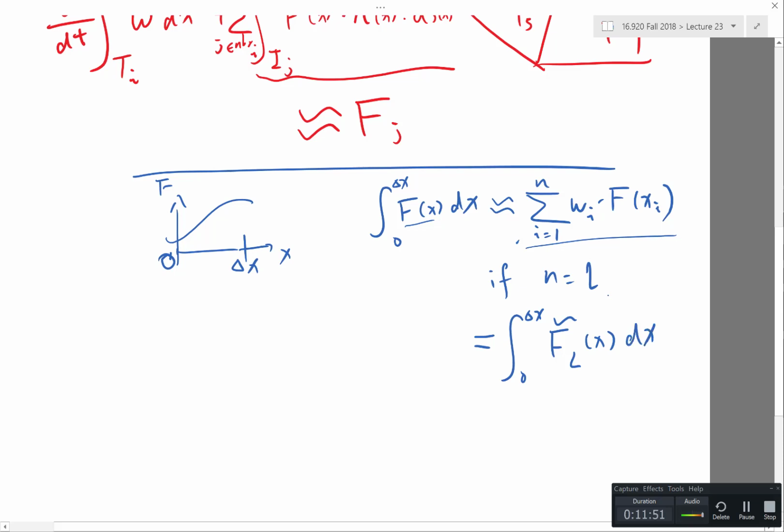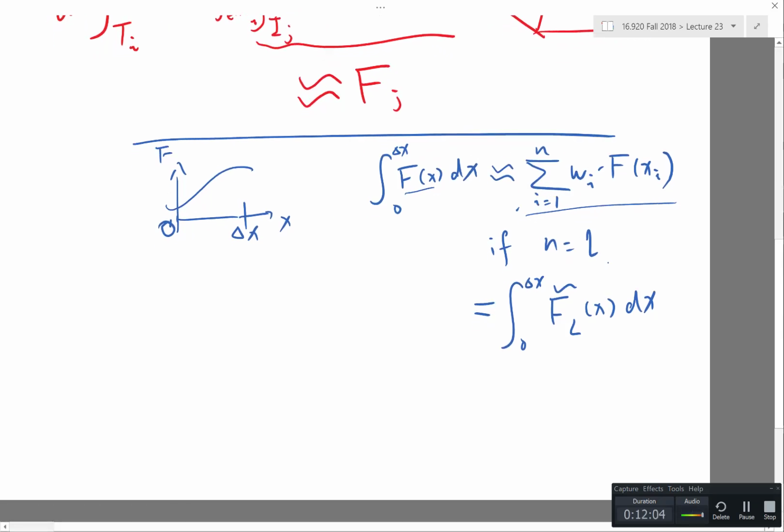So now let's start to figure out what's the best linear approximation to f of x. Okay, to figure that out, we don't actually have to find the best linear approximation, because we just want to find a linear approximation that would actually work, right? So for example, the Gauss quadrature scheme would choose just the center value, f at half of delta x.